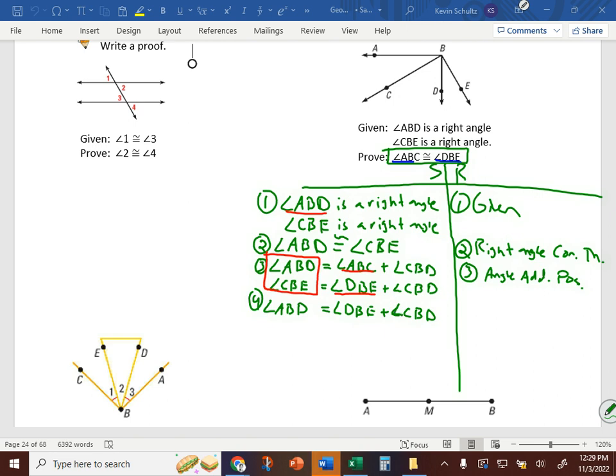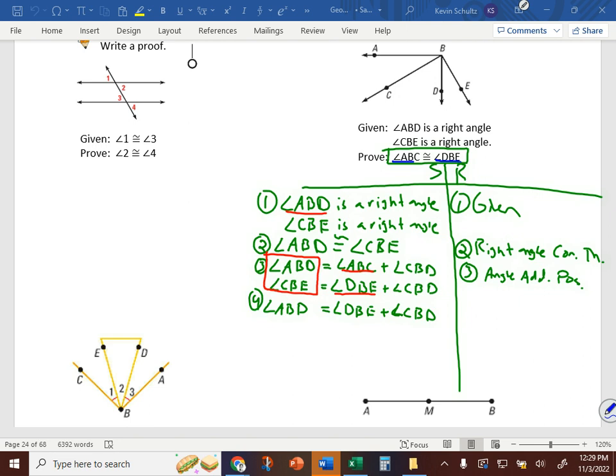Why do we have to? Okay, what I did, again, just recapping here: I know that ABD and CBE are congruent, right? We're all following there? Yeah. Which means that if CBE equals DBE plus CBD, then ABD must also equal DBE plus CBD. I'll say it slower.